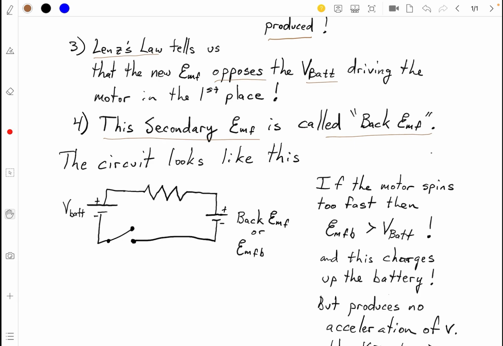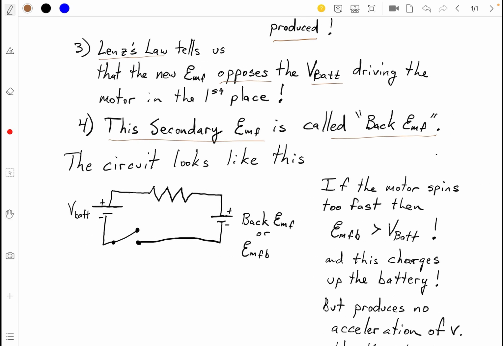So the circuit would look like this. We've got our battery. All right, we'll close the circuit, and the battery is running through our load, whatever the thing is doing. Maybe it's a microwave or it's spinning something. Who knows what it's doing?